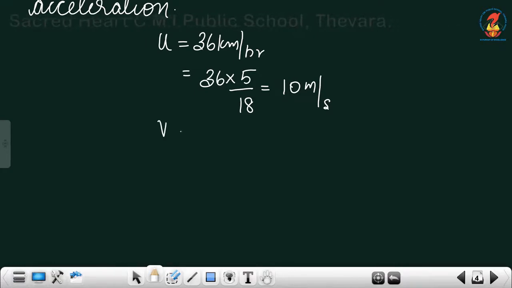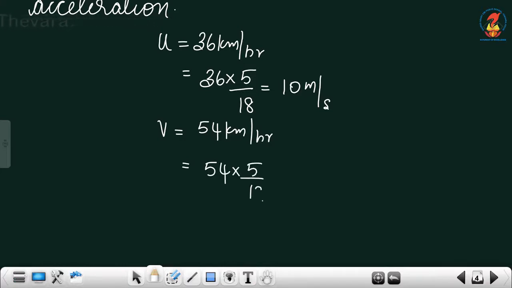Then final velocity v equal to 54 km per hour, that is equal to 54 into 5 by 18. So, 18 will go 3 times in 54. So, 15 meter per second. Now, time is given as 10 seconds.